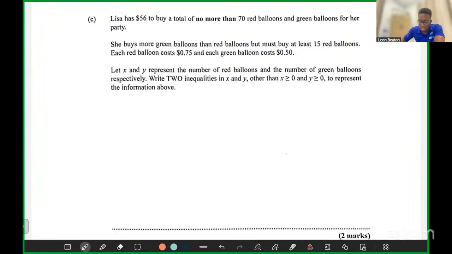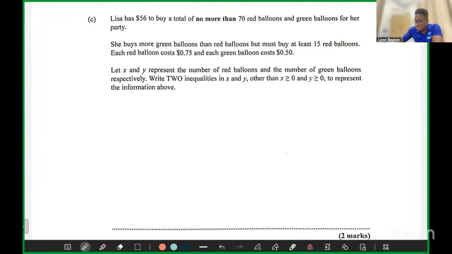Each red balloon costs $0.75, and each green balloon costs $0.50. Let X and Y represent the number of red balloons and the number of green balloons, respectively. Write two inequalities in X and Y, other than X is greater than 0 and Y is greater than 0, to represent the information above.